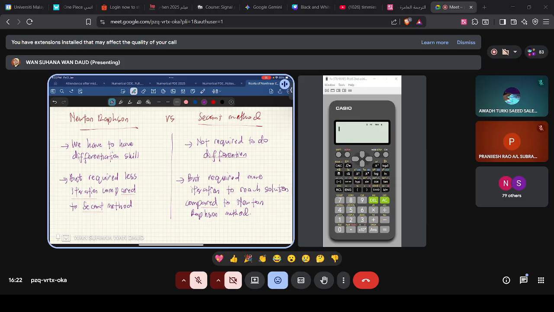Please make sure you understand and practise using the calculator, because the quiz is more on multiple choice and short answer questions. If you don't have the calculation skill, it will be hard to answer the questions in a short time. If you don't have any questions, make sure you fill in the form.